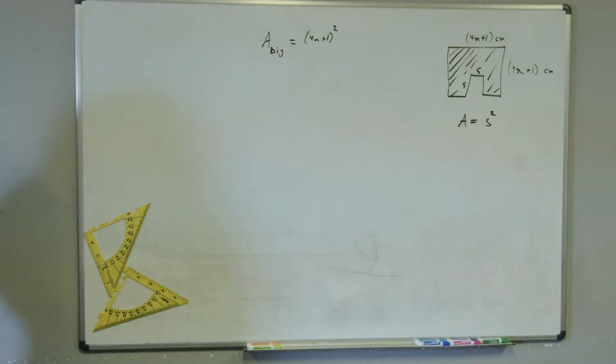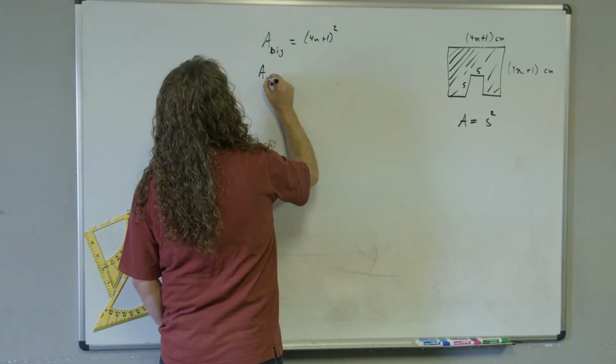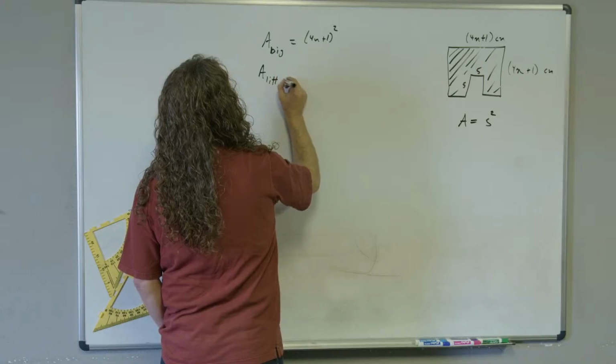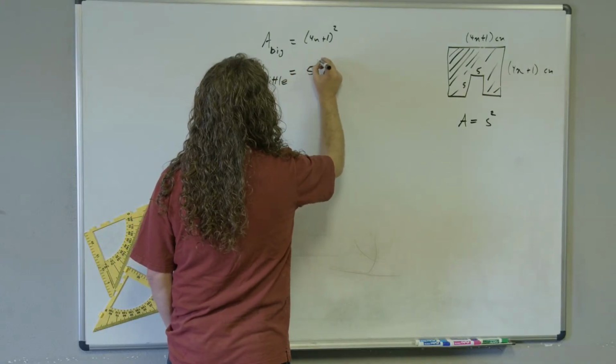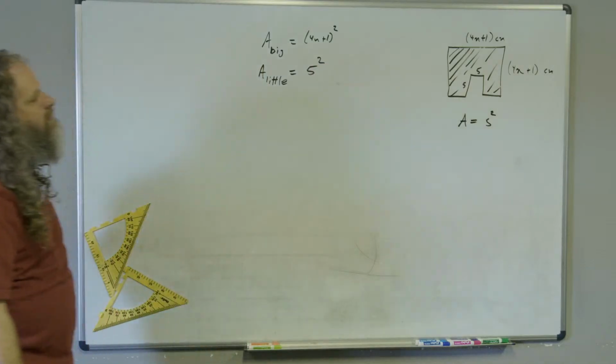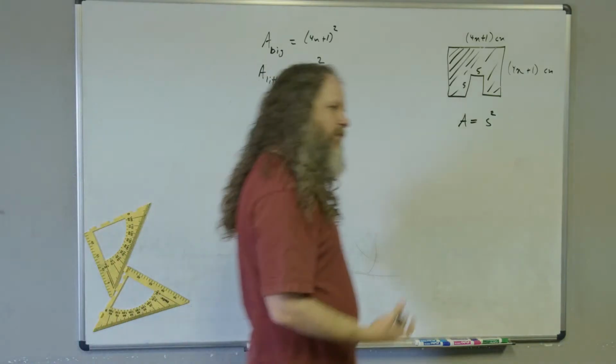Same. Area of the little square is 5 squared. How do I find the area of the shaded region? Not in numbers and letters, but just in words. How do I find it?